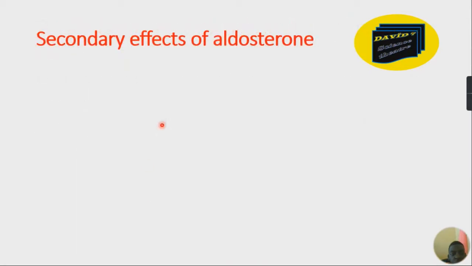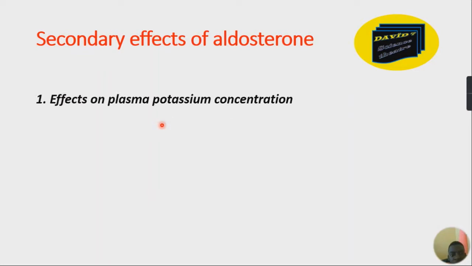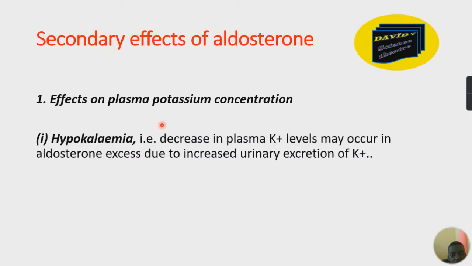Okay, let's talk about the secondary effects. 1. Their effects on the plasma potassium concentration. For example, if there is a decrease in plasma potassium level, it can be as a result of aldosterone being in excess.